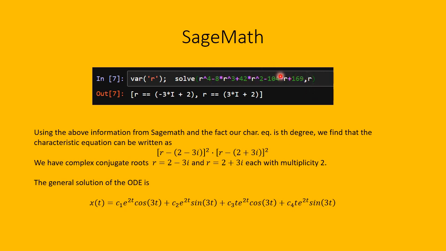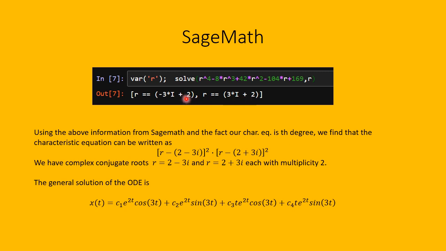We have the left-hand side of our equation here, and implicitly we're solving when this expression equals 0. And what happens is we find when we execute this by typing Shift-Enter, we get two distinct solutions to this equation: r equals 2 minus 3i and r equals 2 plus 3i.